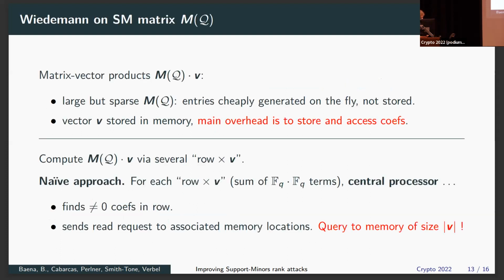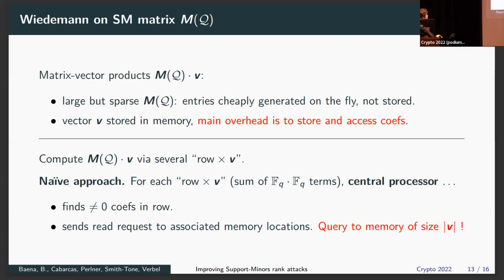So what sort of computation do we have to perform in this kind of attack? I recall that we have our matrix MQ, which is associated to the support minors system, and we want to compute its kernel. We do that with the Wiedemann algorithm, which is essentially several matrix-vector products. It's a bit counterintuitive, but even if our matrix MQ is large, it is not the bottleneck of the computation because it's also very sparse.